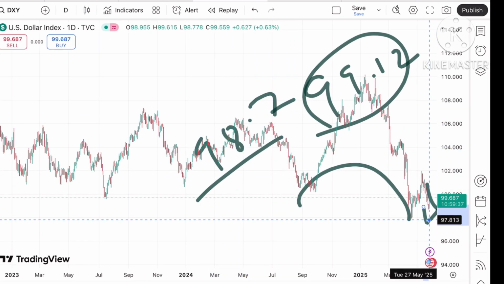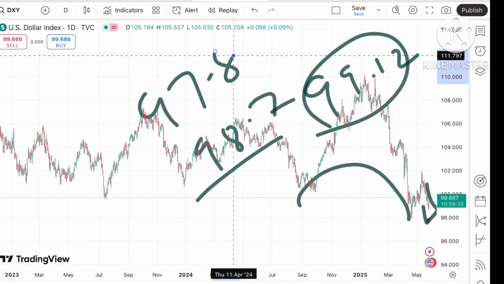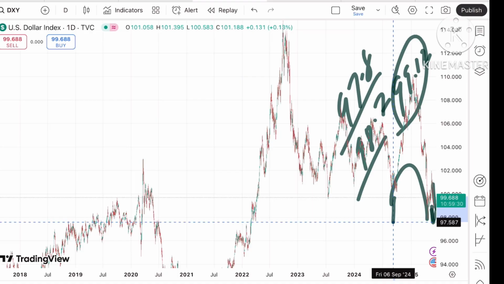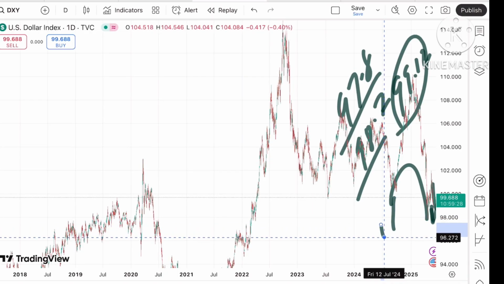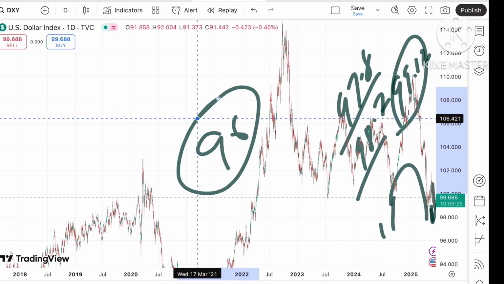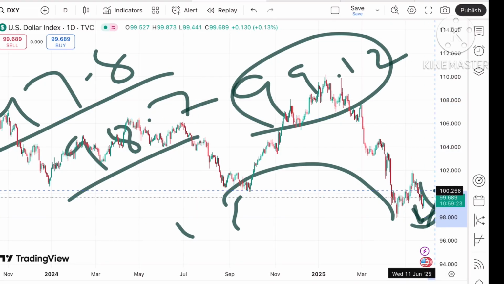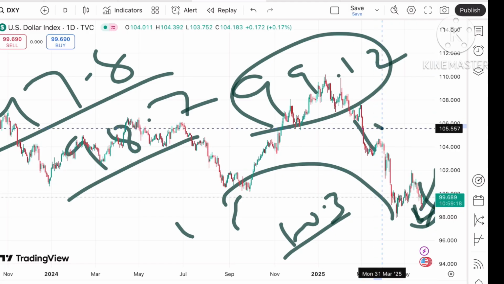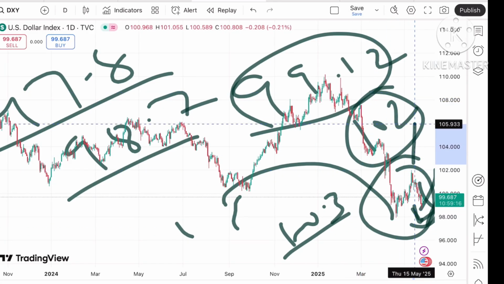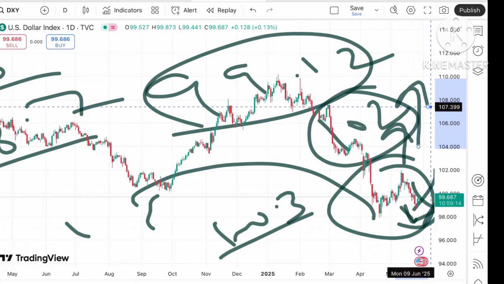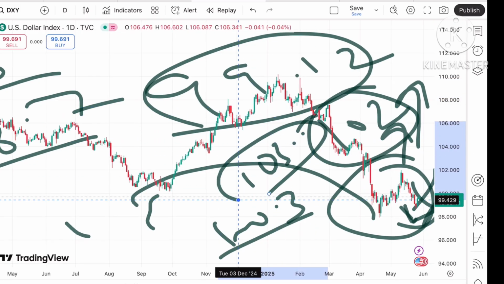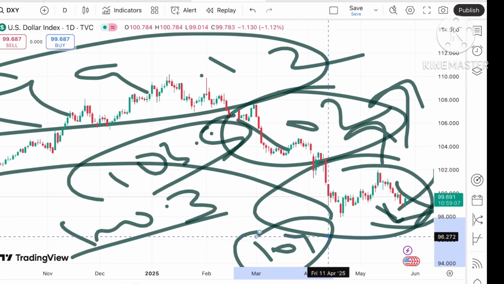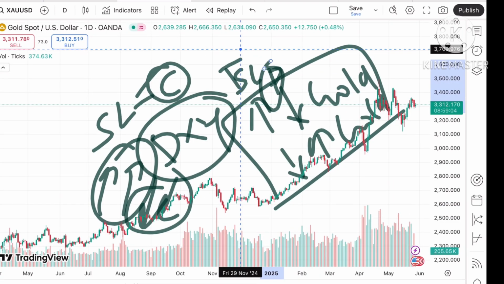If it falls below this level, there is a chance of touching 97.8, then a further downfall towards around 96.5, then towards $96, and then a further fall. But if it starts rising above this level, it can move again towards 100.3, and from there a further upside towards $102, and then there will be a zone breakout, with a further rise towards 103.5 and then towards 104.